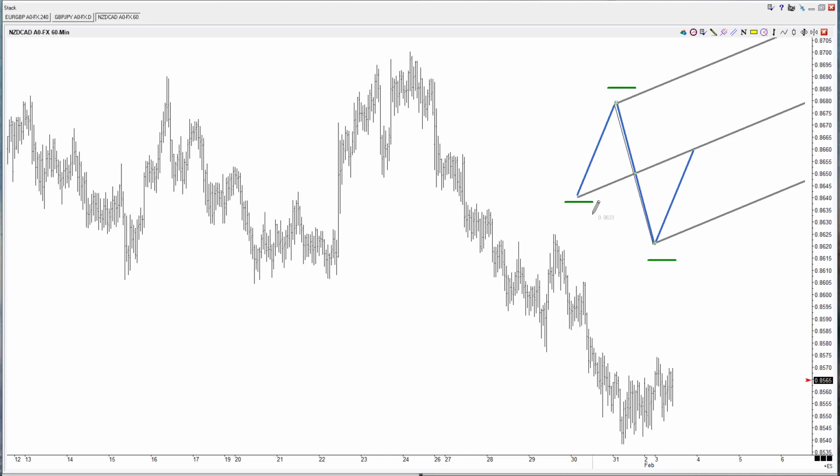I'm going to label these A, B, and C pivots. So we'll call this the A pivot, the B pivot, and the C pivot.